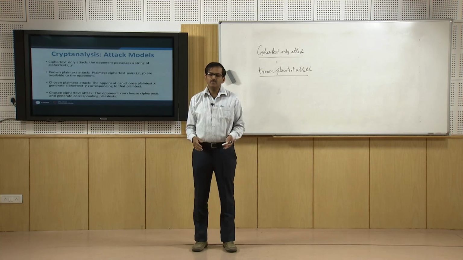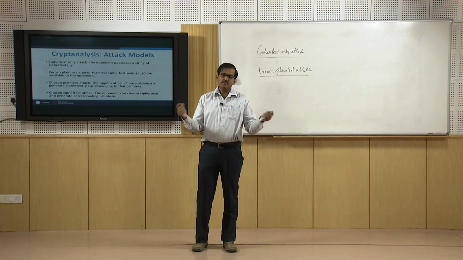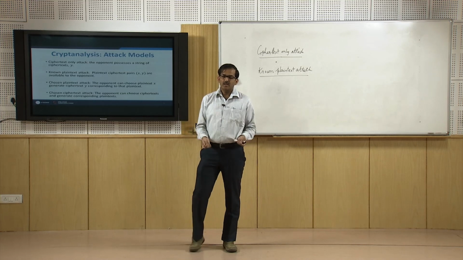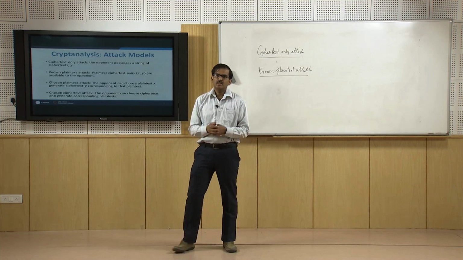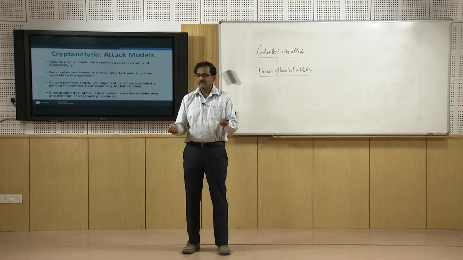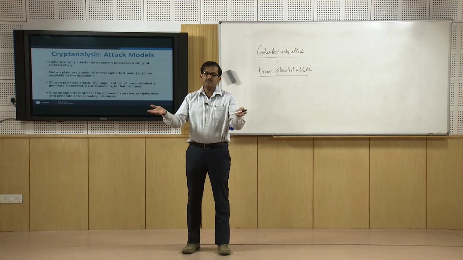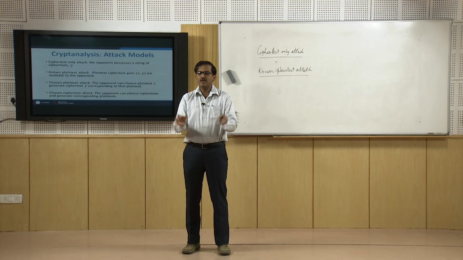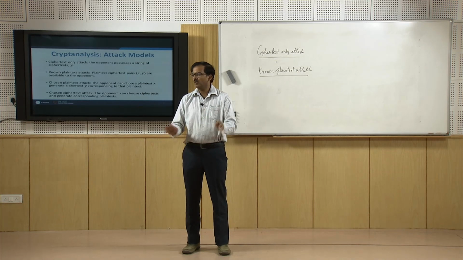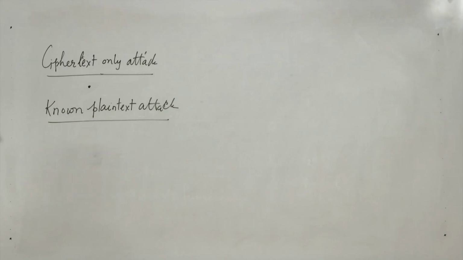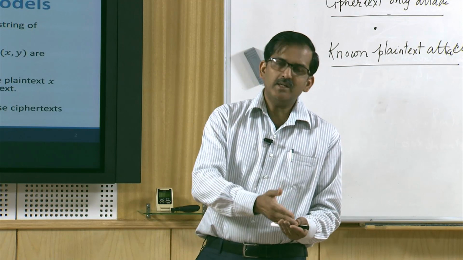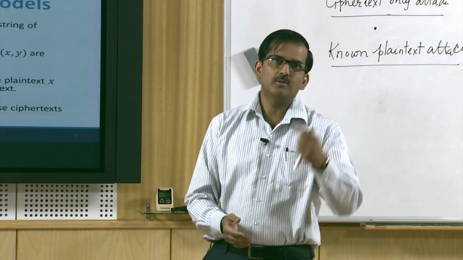So, one can assume that this part of the message is going to be this part of the form which we already know. So, I know the plaintext and ciphertext pair, but of course, I do not know the key.